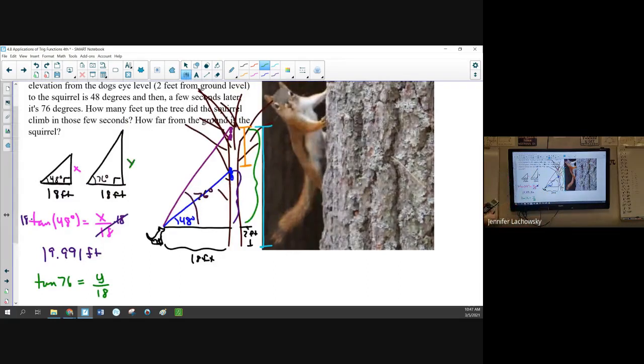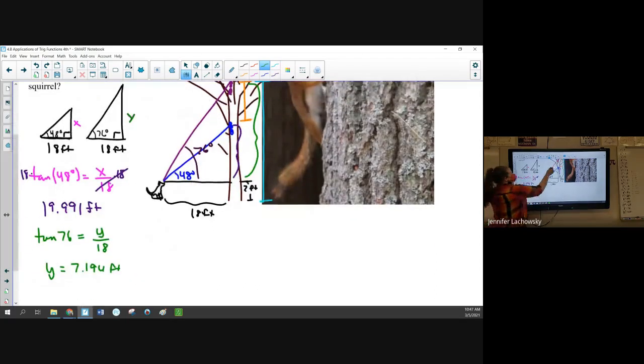So what am I finding now? The difference between them. Okay, good. So if I were to take these two and do, oh, I wrote 7. It's 72. Anyway, okay, so y minus x equals 72.194 minus 19.991.